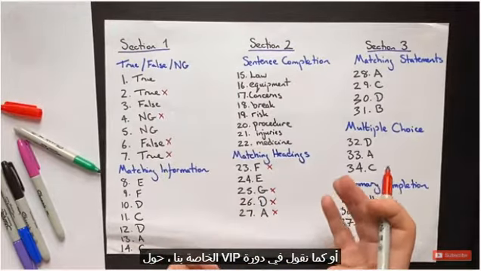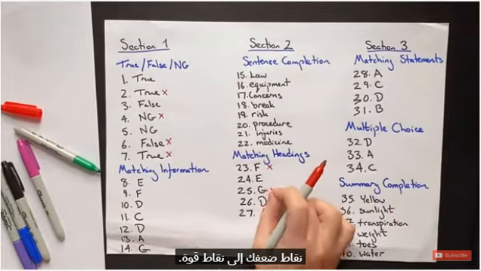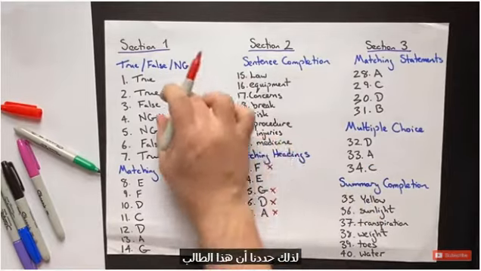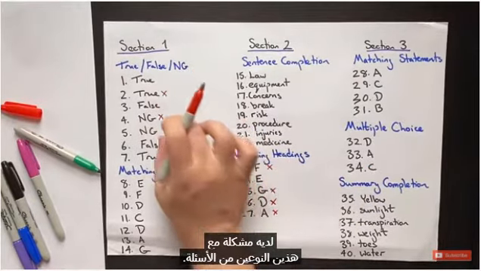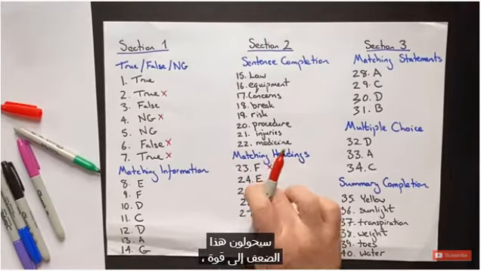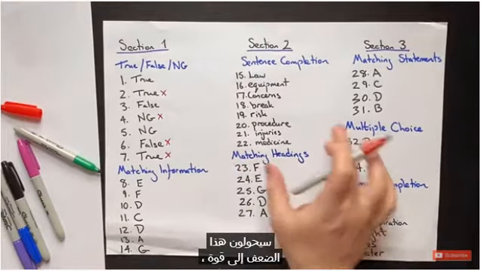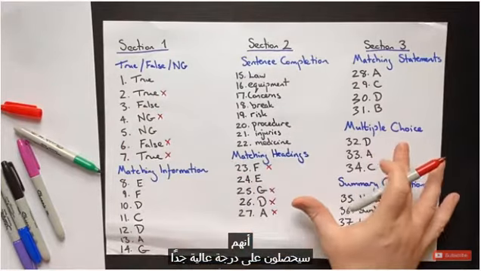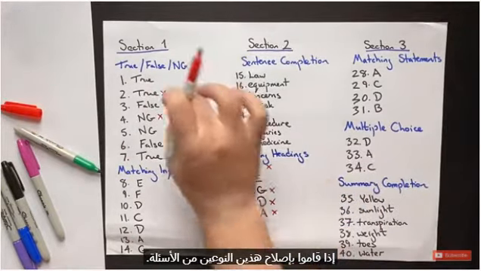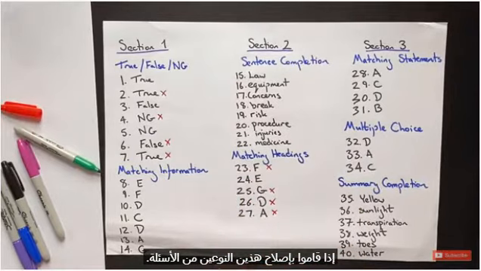Or as we say on our VIP course, turn your weaknesses into strengths. So we've identified that this student has a problem with these two types of questions. They're going to turn this weakness into a strength, and then it's very likely that they are going to get a very high score if they fix these two question types.